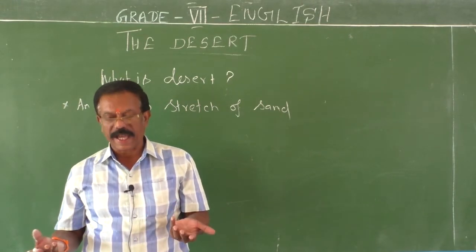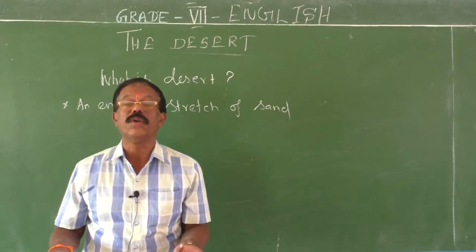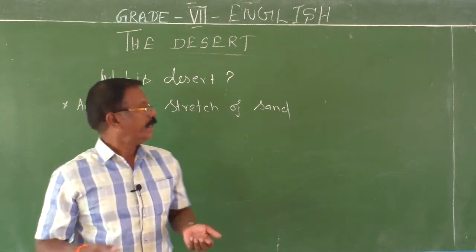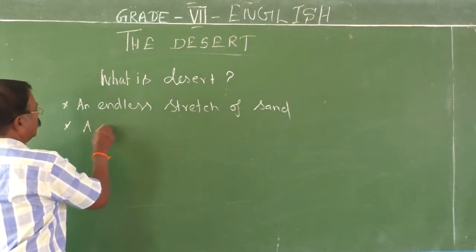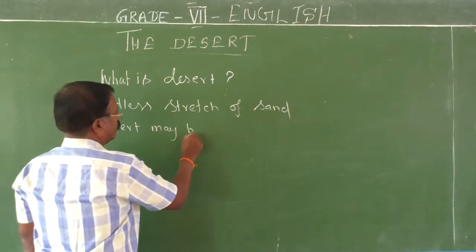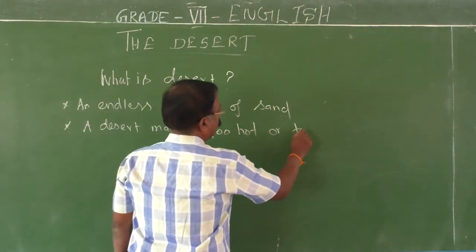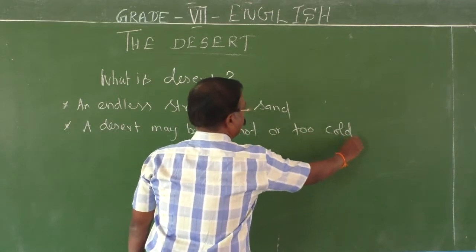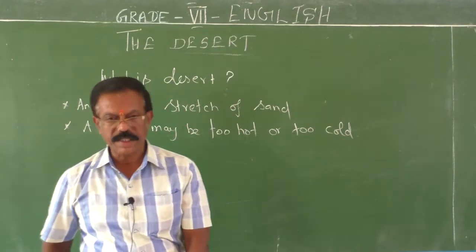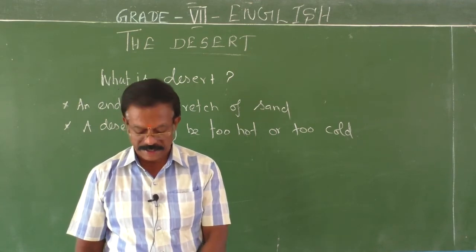A desert may be too hot or too cold. So it is another definition for deserts and the nature of the climate prevailing in the desert.